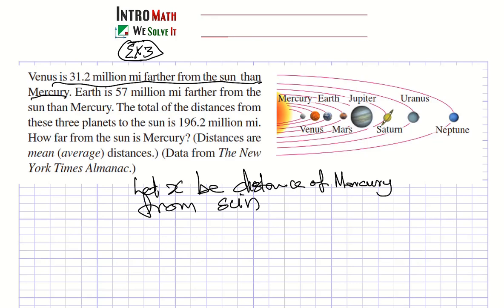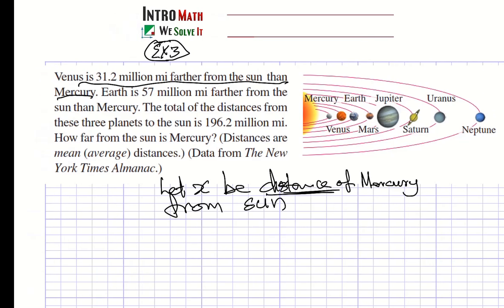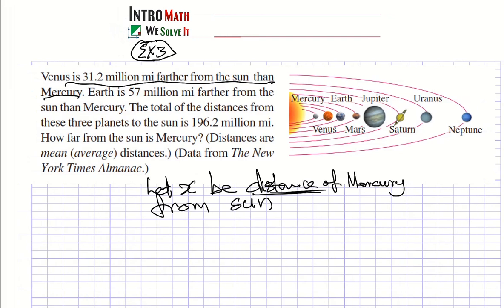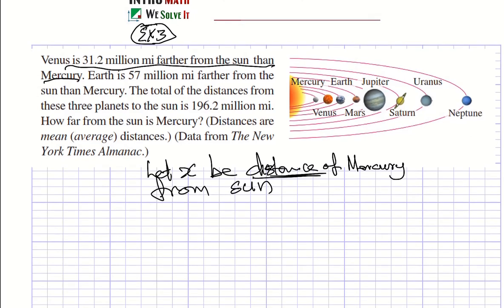You just look at the distance, that's the most important. Distance of Mercury from the sun. And then you read it again. It says Venus is 31.2 million miles farther from the sun than Mercury. So what that means is Venus, how do you say that? There's Venus, then there is Earth.